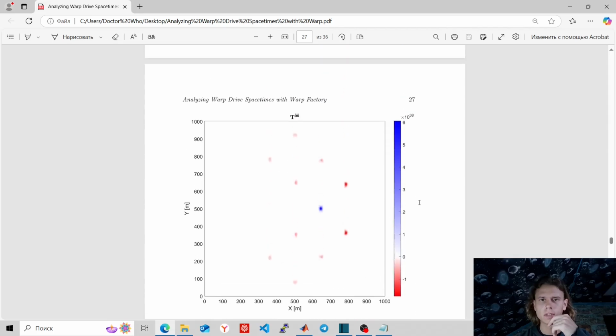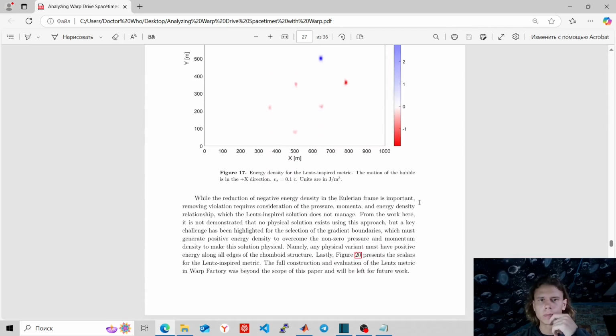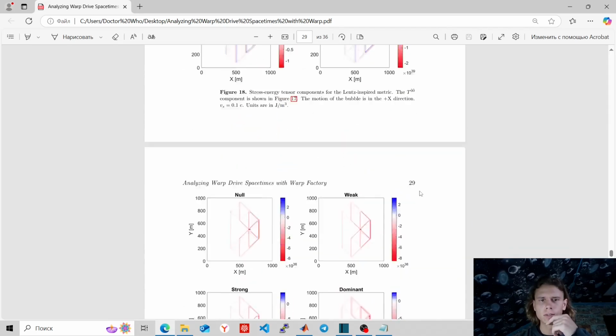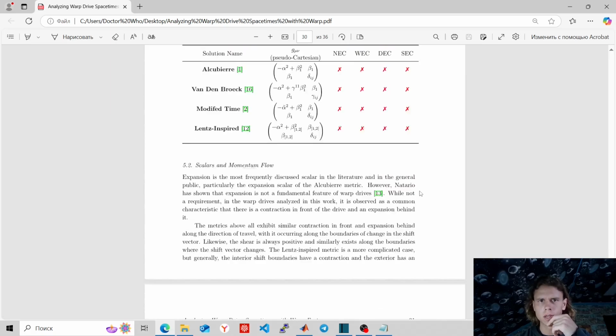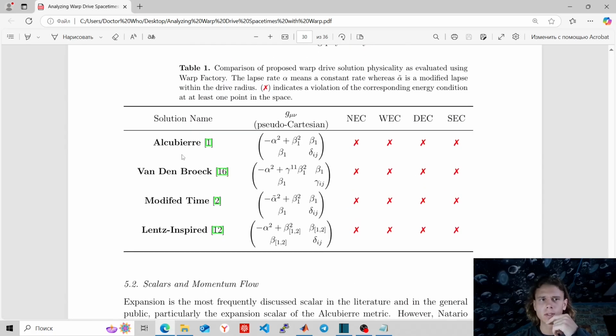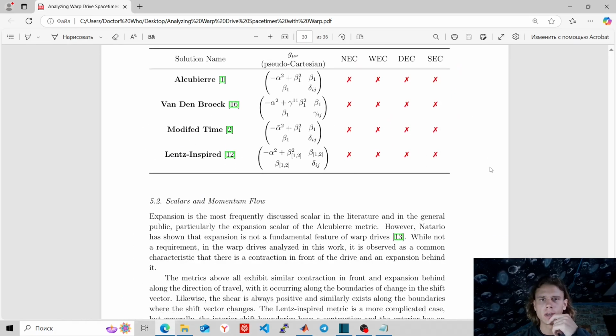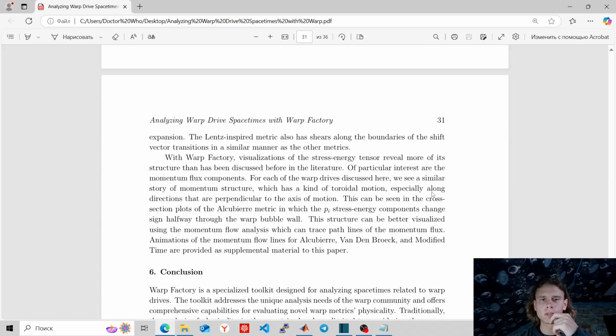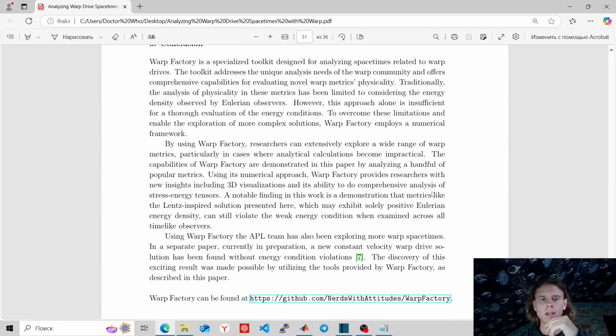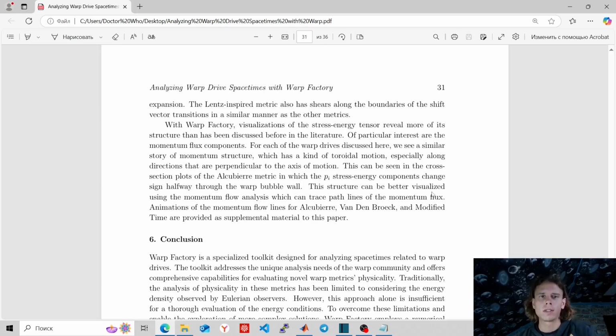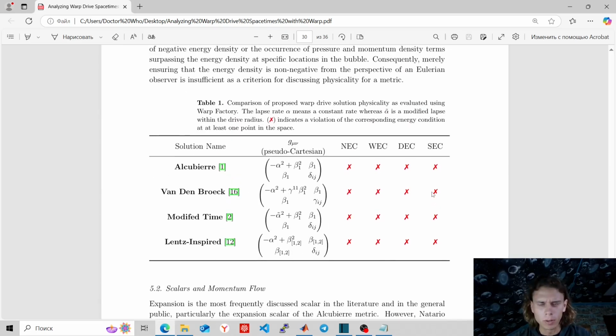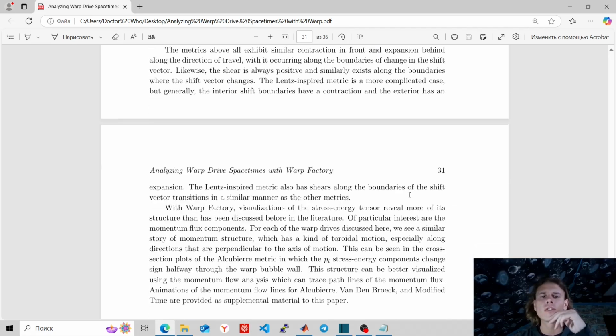Again, this is the energy density for the Lentz case, and they actually proved that all of these existing metrics violate energy conditions, and they are all non-physical. So again, all of this warp physics is just wibbly-wobbly, timey-wimey stuff for now.